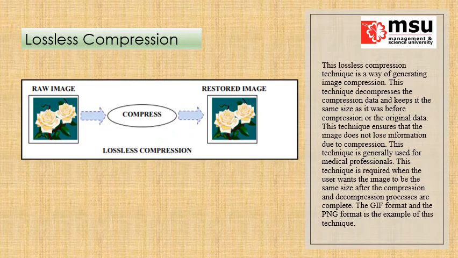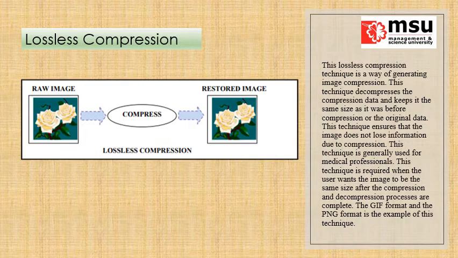Lossless compression. This lossless compression technique is a way of generating image compression. This technique decompresses the compressed data and keeps it the same size as it was before compression, or the original data. This technique ensures that the image does not lose information due to compression.